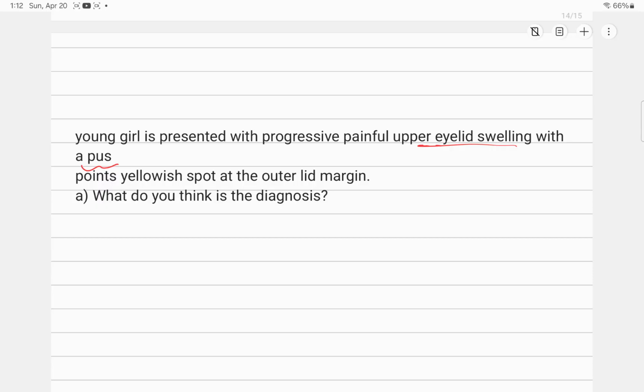The first important thing is it is progressive and painful. The main thing, it is painful, so it can't be a chalazion. The other thing is it is producing pus, and it is at the outer lid margin. As we have discussed, the glands of Zeis and glands of Moll are near the outer lid margin, so it is a stye.